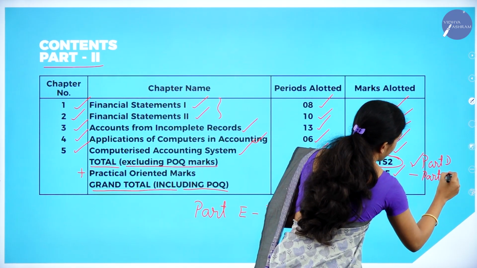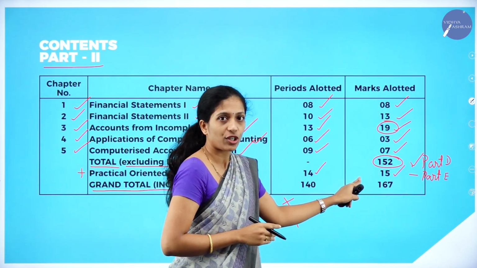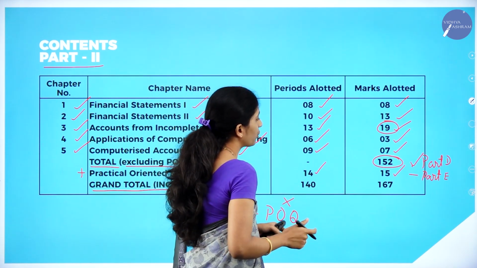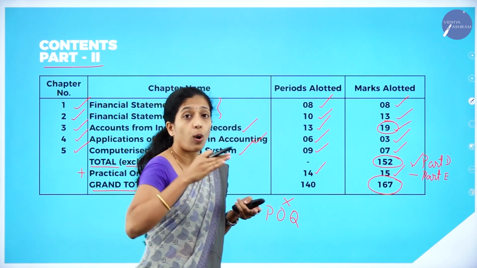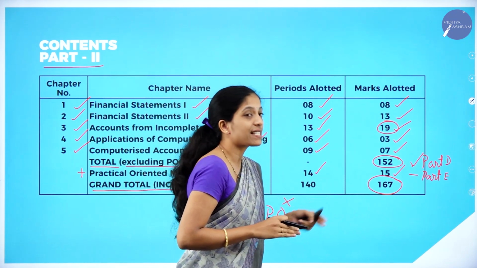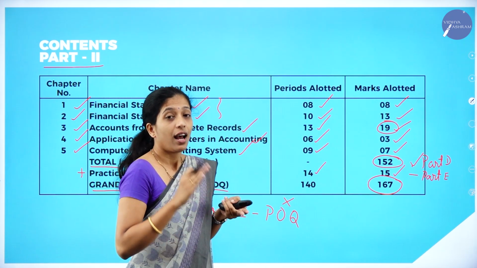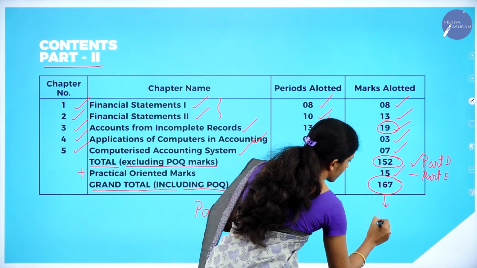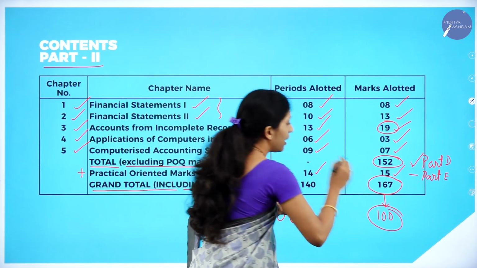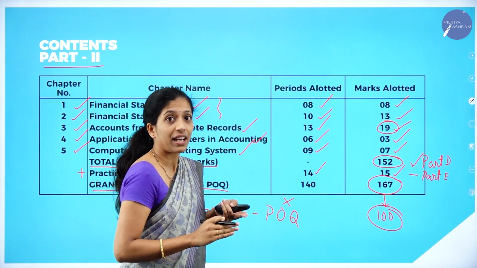So in part E, they will ask practical oriented questions for 15 marks, and the grand total of the whole subject is how much? 167 marks. I have told you your exam is for 100 marks. Clear? Then why is it 167?